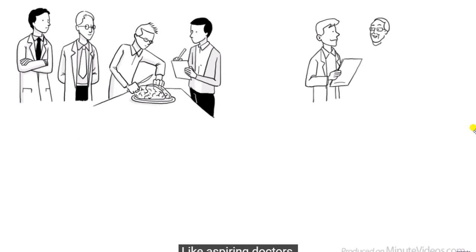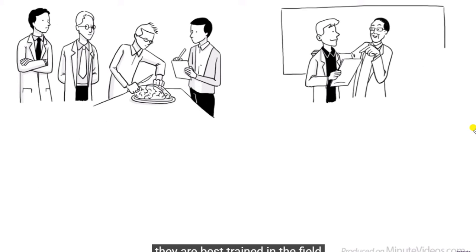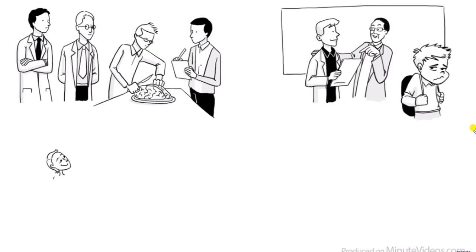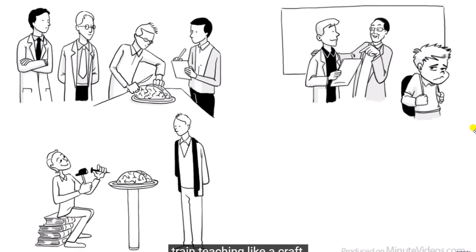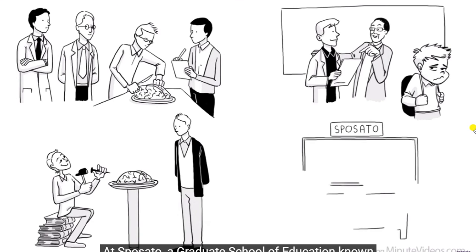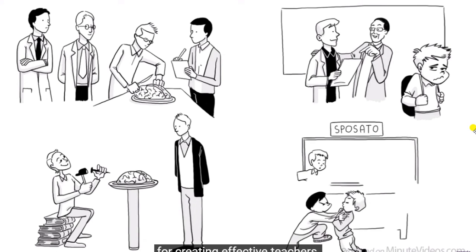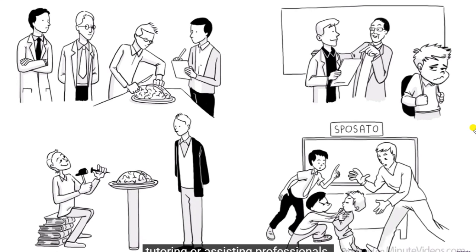Like aspiring doctors, they are best trained in the field, where they receive professional feedback when they make mistakes. Effective schools of education, therefore, train teaching like a craft, rather than an abstract science. At Sposato, a graduate school of education known for creating effective teachers, students spend a lot of their time tutoring or assisting professionals.